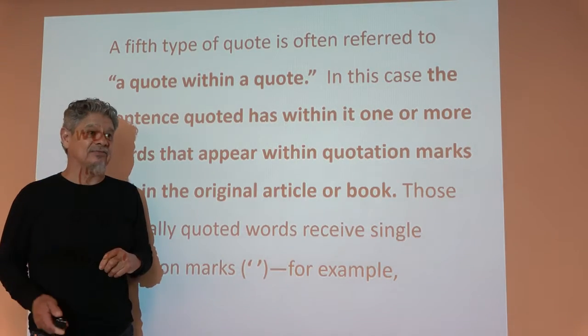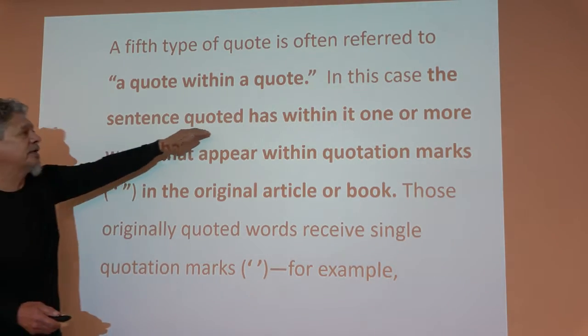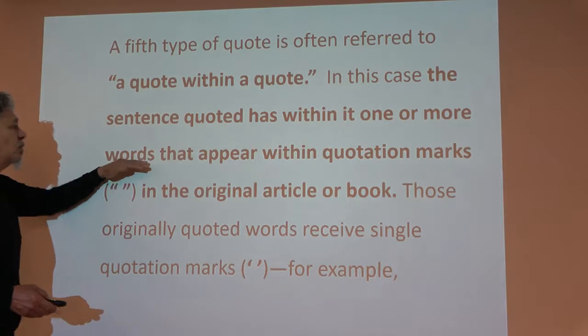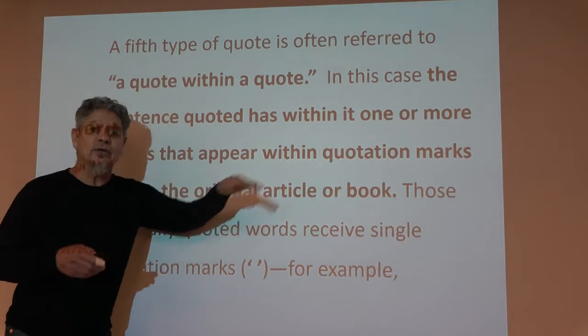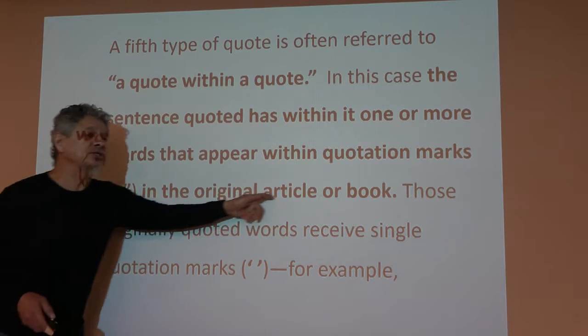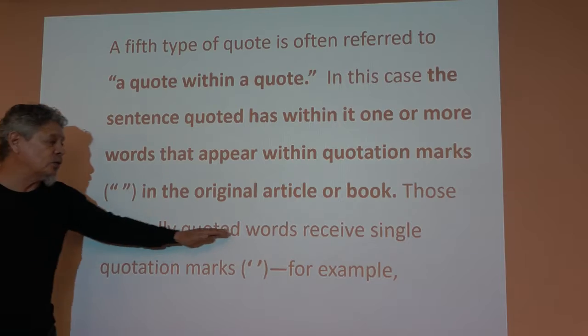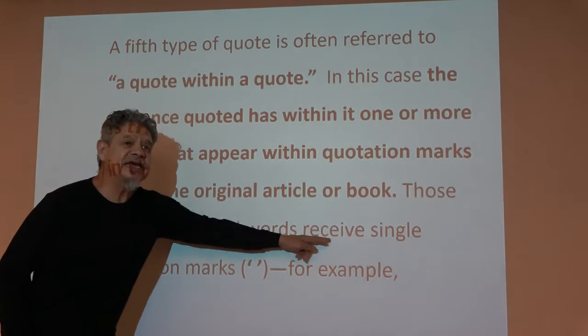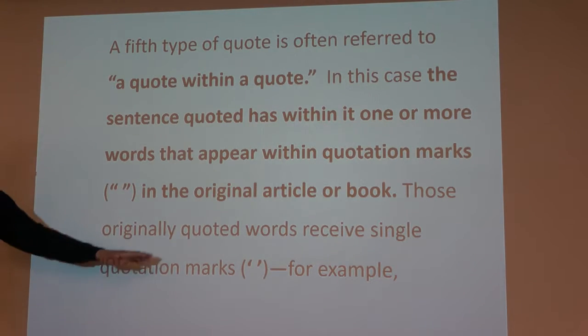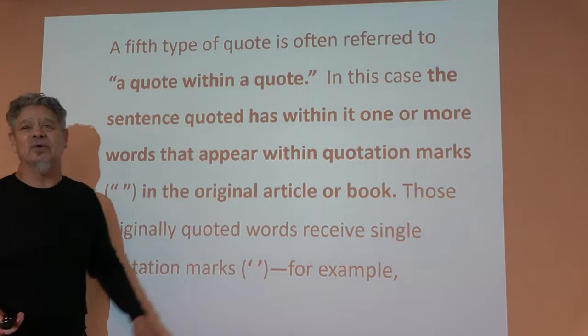In this case, the sentence quoted has within it one or more words that appear within quotation marks, like this. In the original article or book, those originally quoted words receive single quotation marks. These. Okay? And I only have one example.